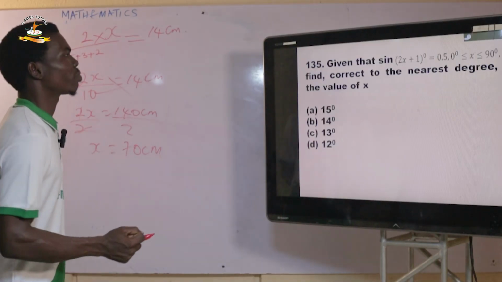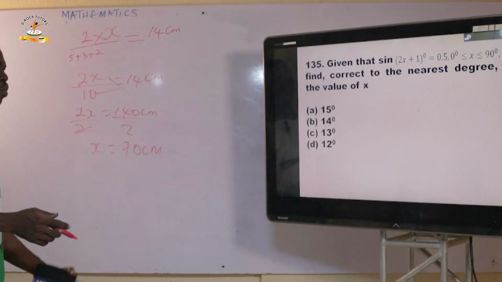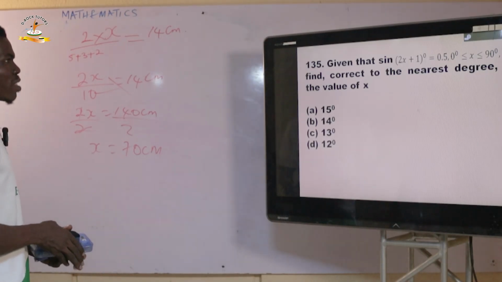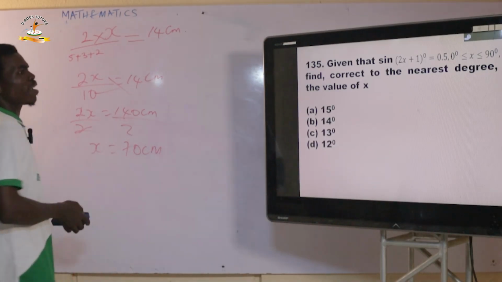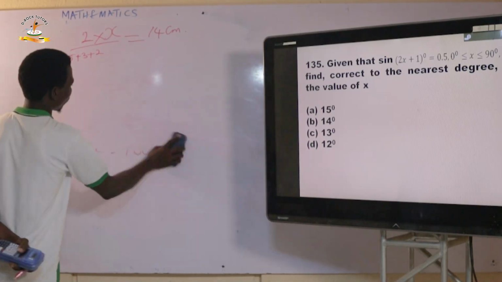Our next question. Given that sine of (2x plus 1) degrees is 0.5 for 0 degrees less than or equal to x less than or equal to 90 degrees, find, correct to the nearest degree, the value of x. So let's go.